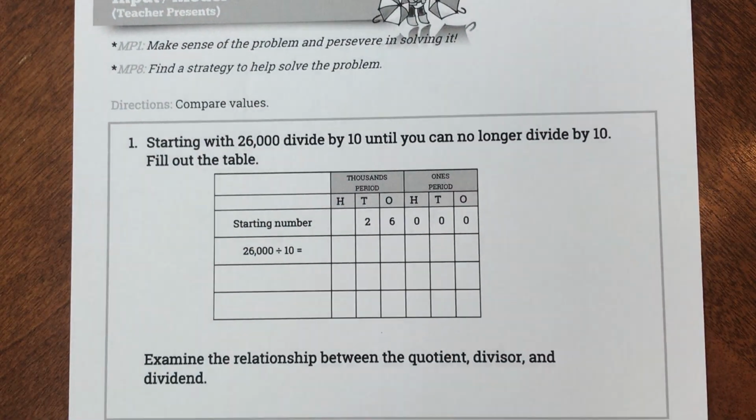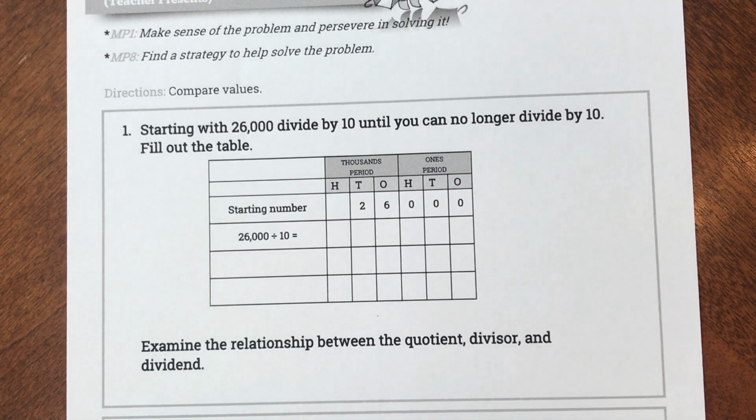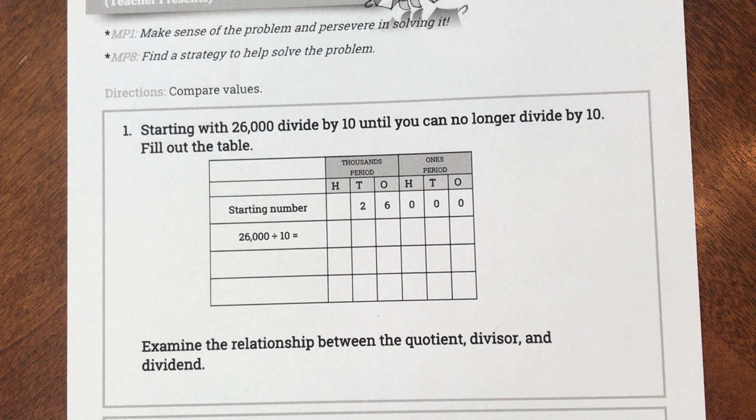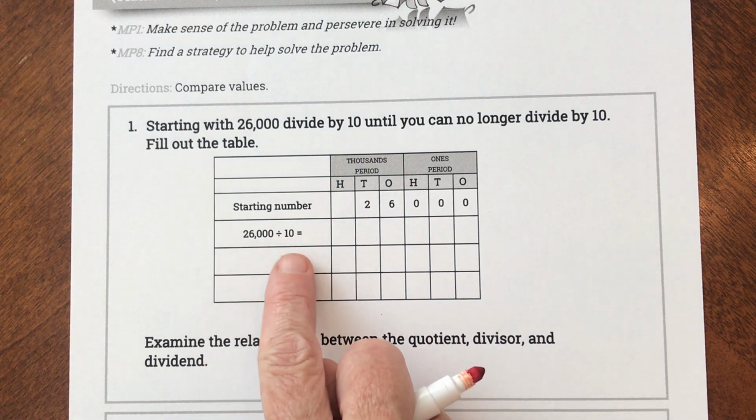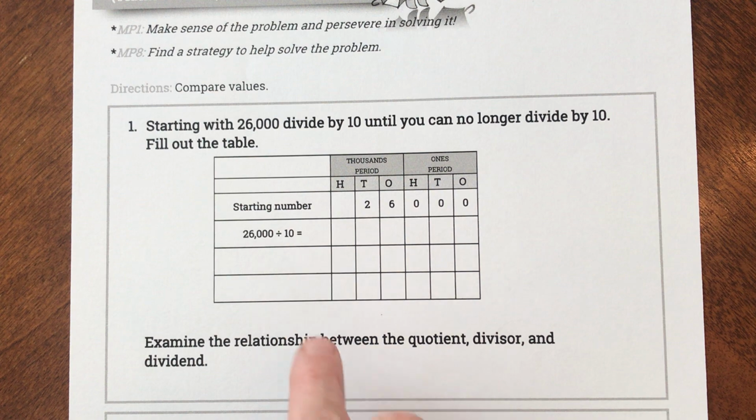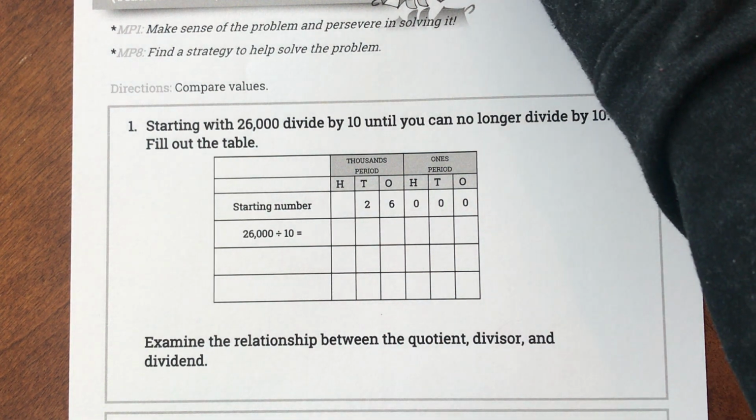And here's my first problem. My first problem says, starting with 26,000, divide by 10 until you can no longer divide by 10. Fill out the table. So I have 26,000 divided by 10. Now, my pattern's going to be getting smaller in this.